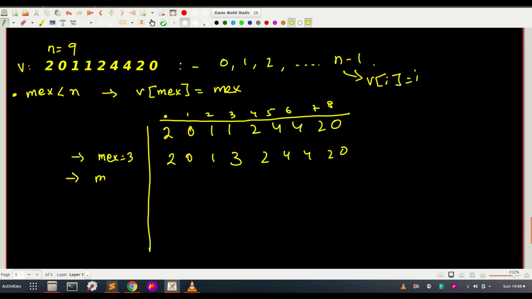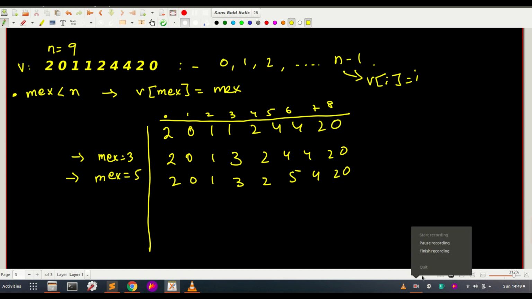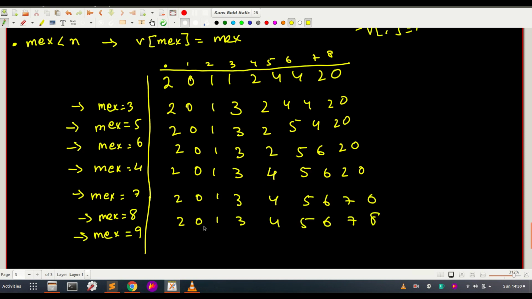I do these operations again and again. Now the MEX is going to be 5 because I have 0, 1, 2, 3, 4. So after a while, I'm going to reach this particular array, and now my MEX is equal to 9. Now MEX equal to 9 means that MEX is equal to n in this case.